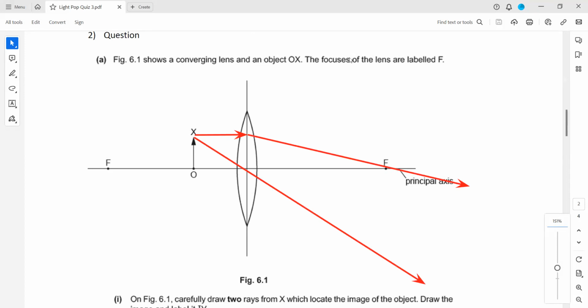So when we produce these two light rays backward, the image we are calling IY. And the question is, we have to measure the distance between the image and the center of the lens. So you have to measure this distance using your scale.